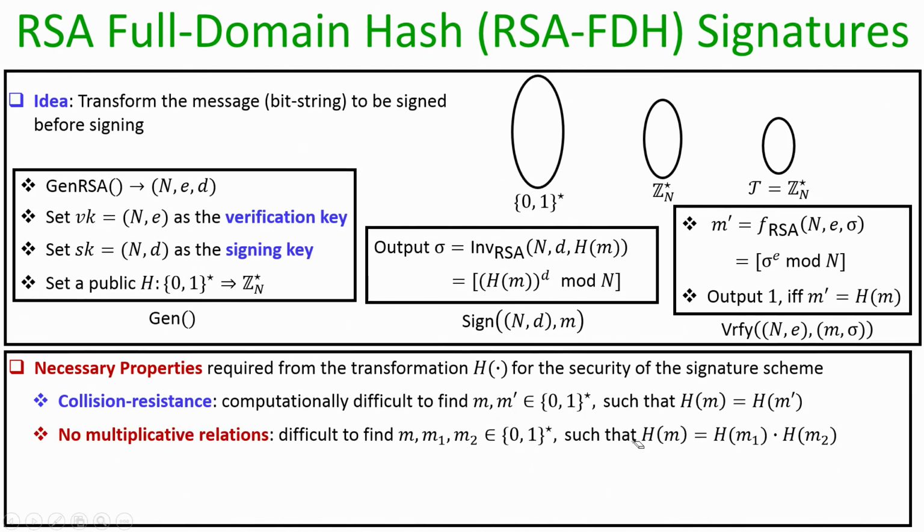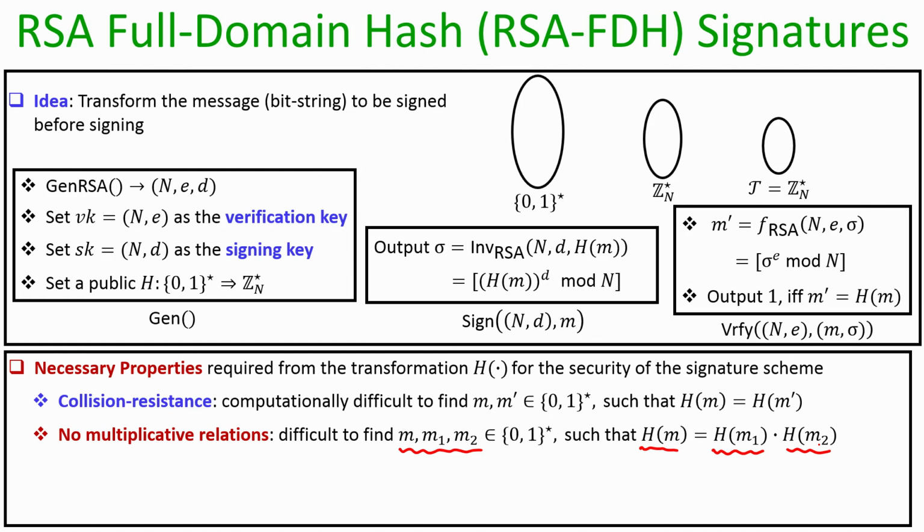The second requirement from the transformation function is that it should avoid any kind of multiplicative or nice algebraic properties, which we had exploited in the attack on the plain RSA signature. That means, it should not happen that we have a triplet of the form m, m1, m2 such that the transformation of m is equal to the product of the transformation of m1 and the transformation of m2.